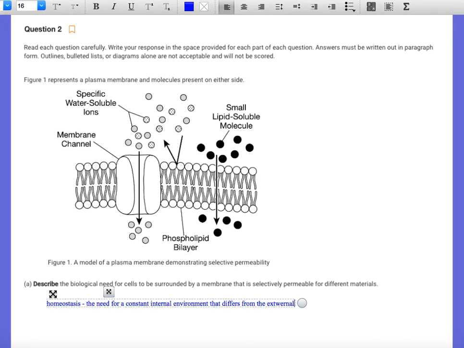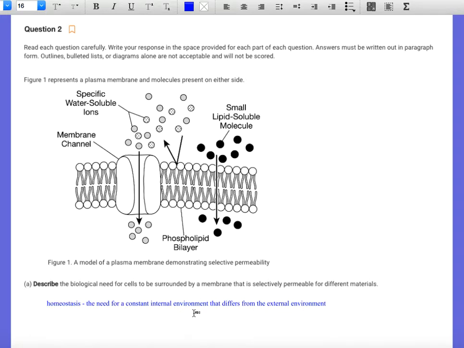You'll have to move certain things in and out. You'll have to move waste products out, and for us, move things like oxygen and glucose into the cell. You need some sort of barrier between the internal and external environment to enable you to do that.